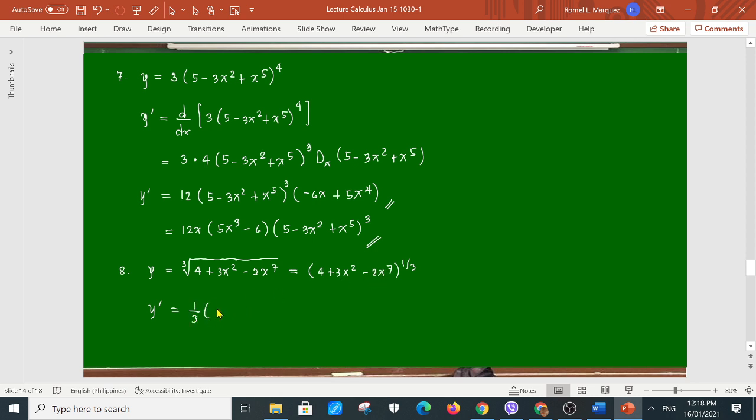Copy the base. Subtract 1 from the exponent. What happens to the exponent? Minus 1. It becomes negative 2/3. Minus 2 over 2. 2 times the derivative ng loob. I can go directly. What's the derivative ng loob? 6x minus, is that right, children? Minus 14 x to the 6.